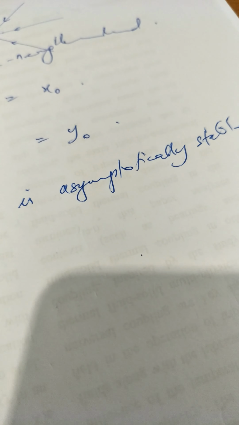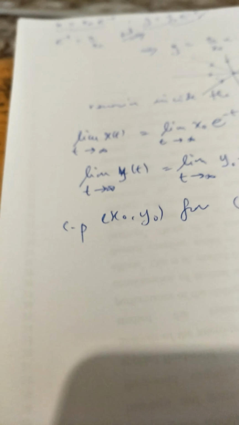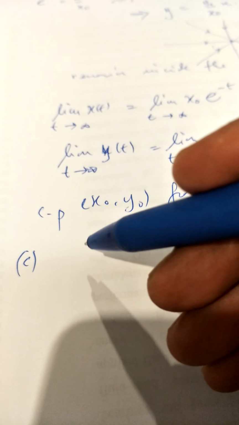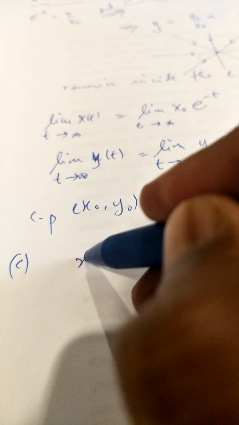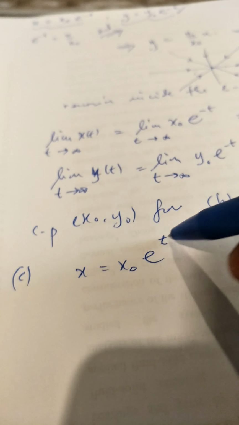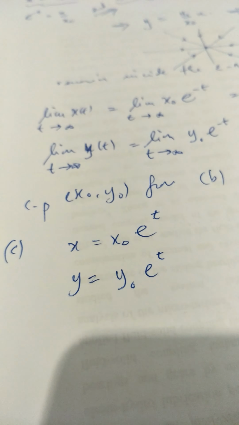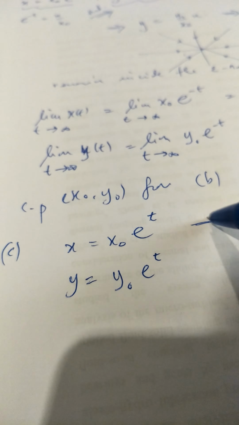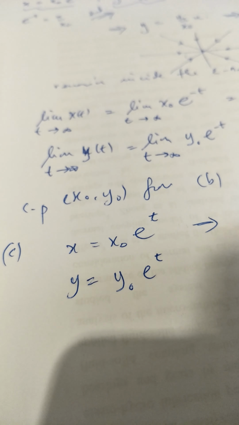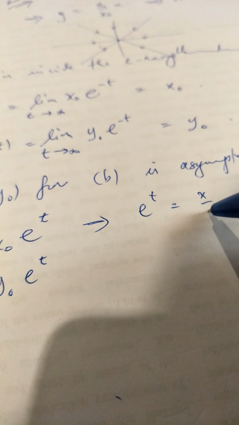Okay, what about the third example? The third example, or C, we have the solution I wrote somewhere: x equals x naught e to the t, y equals y naught e to the t. Of course, you can still write e to the t as x over x naught.